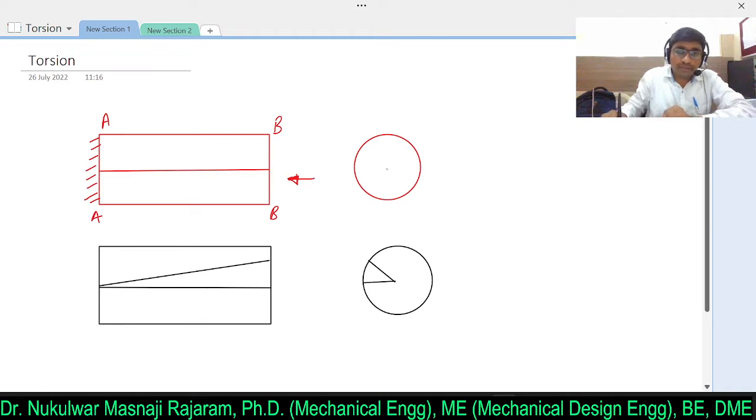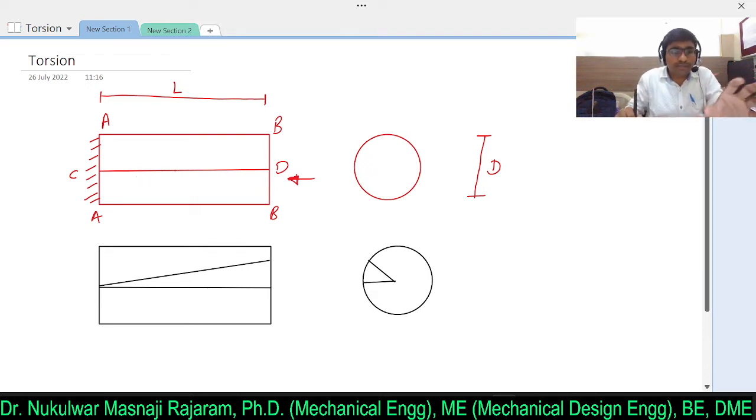This is the front BB plane, and at the rear side there is the AA plane. Now this particular line I have drawn is CD. If I measure this length CD, then I can consider this the total length of the shaft, and it has a diameter D.